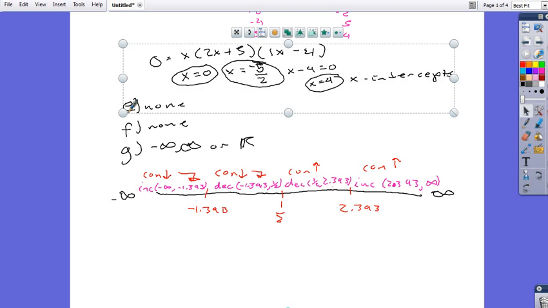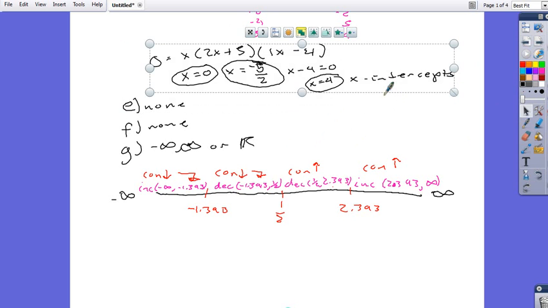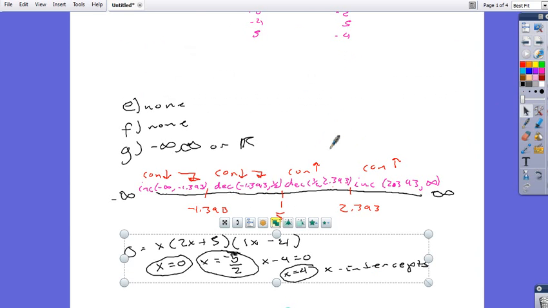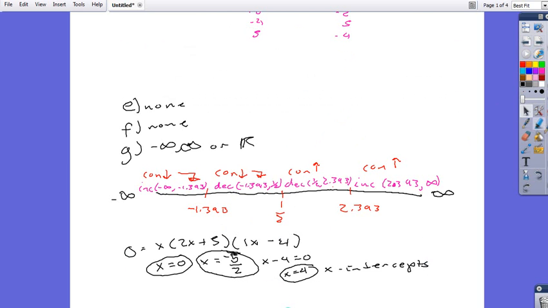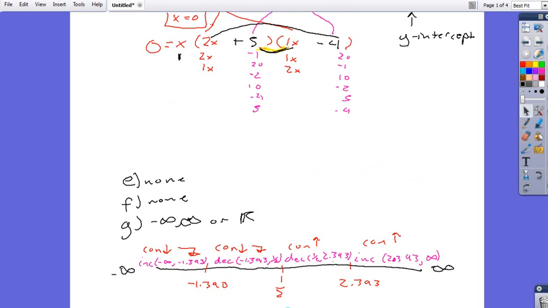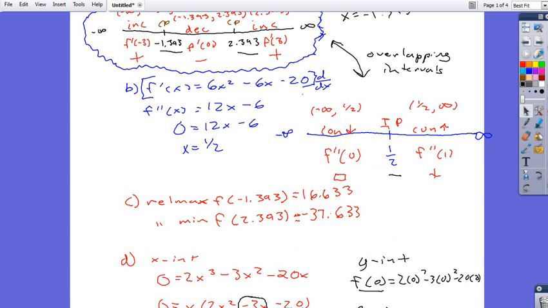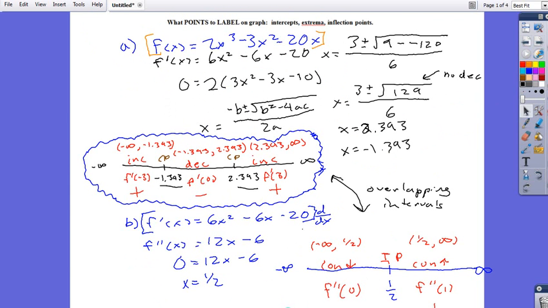Alright, so I'm going to slide some information down here. See if I can do this. Let's see if I can get our extrema too, they are important.